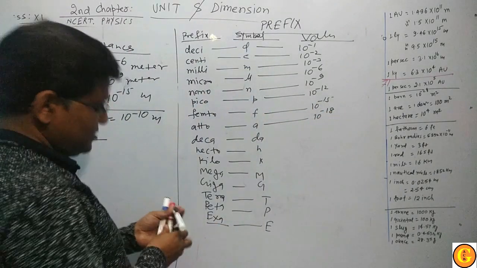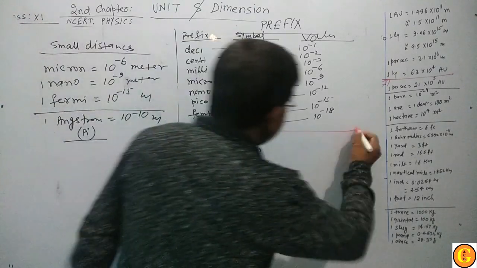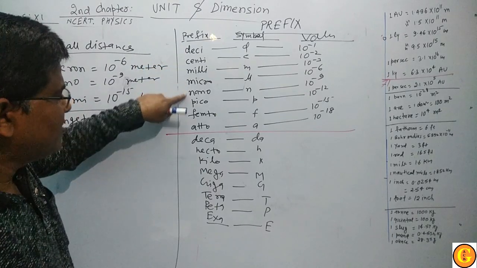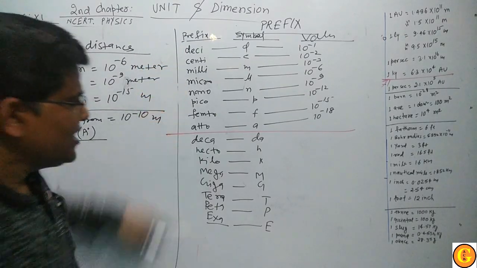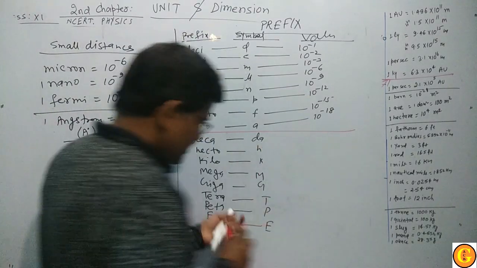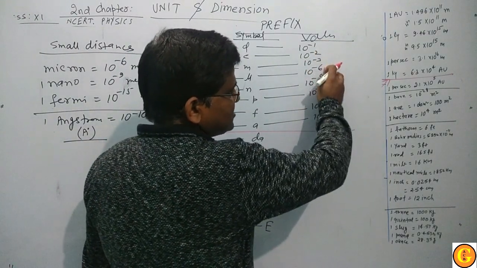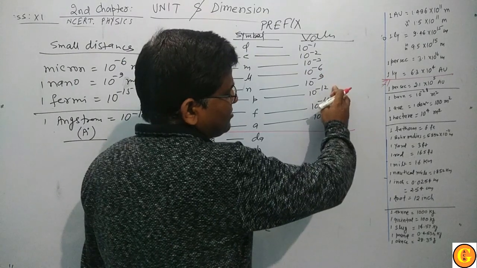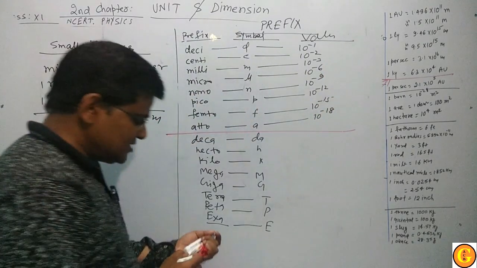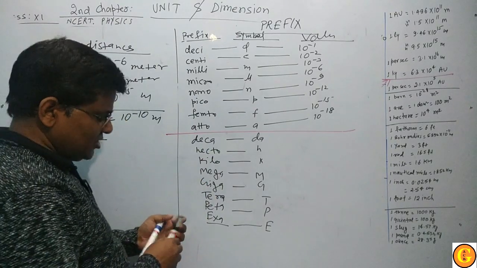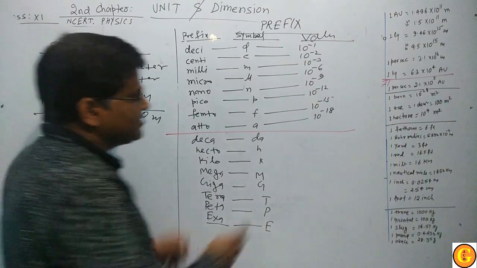You can remember it as a song: deci, centi, milli, micro, nano, pico, femto, atto. The difference is just 3 continuously, and from deca it becomes positive.